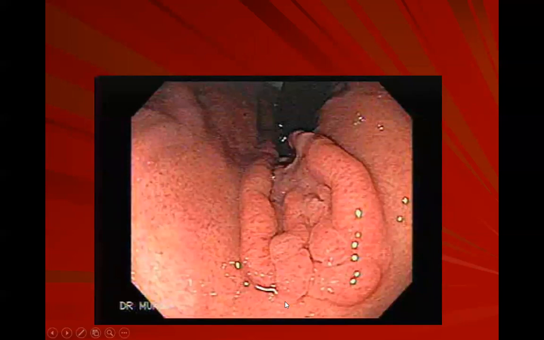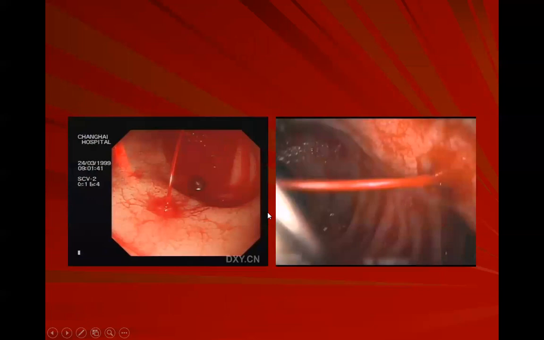So this is the endoscopic appearance of the Dieulafoy's lesion. And this is the oozing of blood from an active bleeder. So this is what they call oozing.